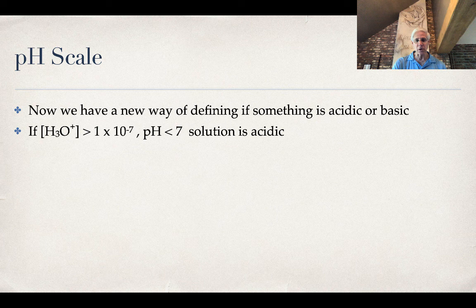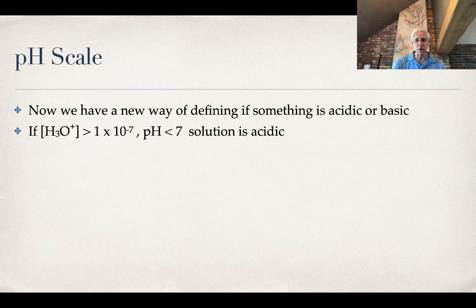We saw that we can use concentrations, and now we have a new way of looking at concentrations with our pH scale. So that means that if the hydronium ion concentration is greater than 10 to the minus 7, that solution will be acidic. Now what that means for the pH is that if the pH goes below 7, the solution is also acidic. So it sounds kind of weird. If my hydronium ion concentration goes up, my pH actually goes down.